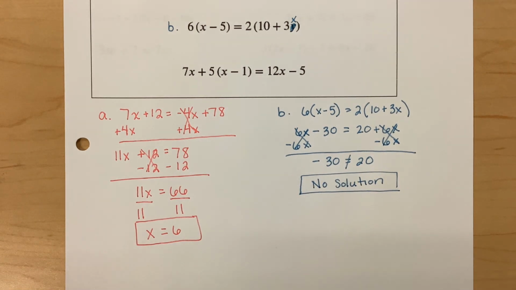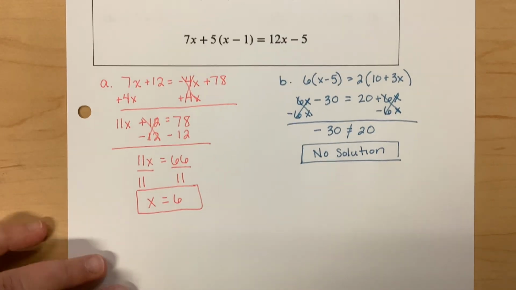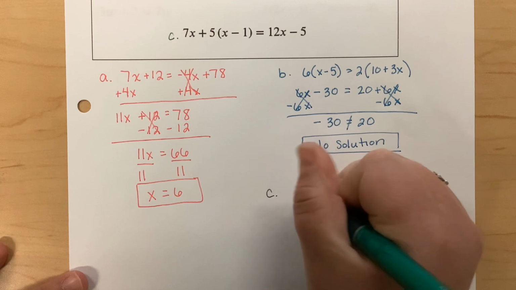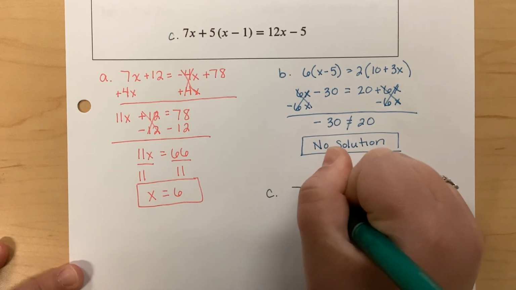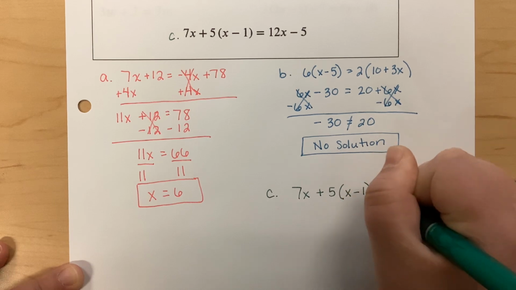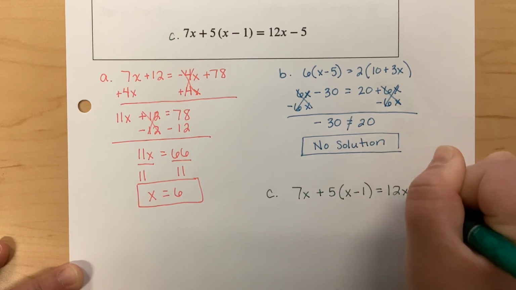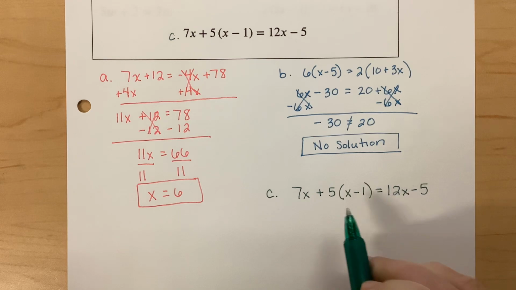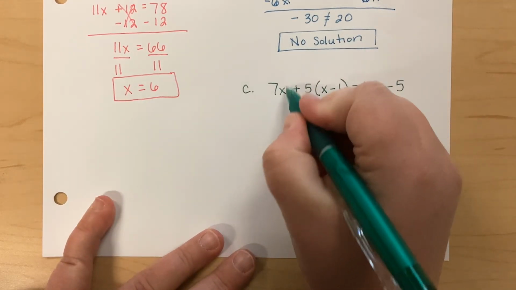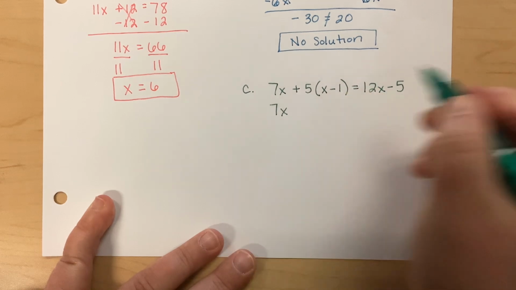All right, the final problem on this page, we're going to call problem C. So that one is 7x plus 5 times x minus 1 equals 12x minus 5. There's distribution on the left side, so we're going to take care of that first. The 7x is not being distributed, so I'm just going to bring it down.